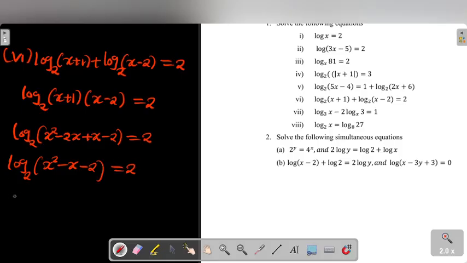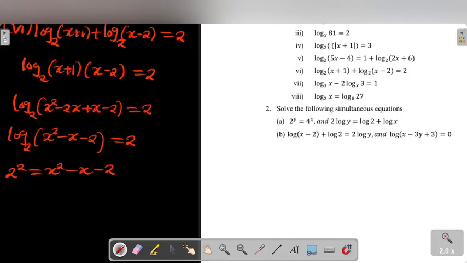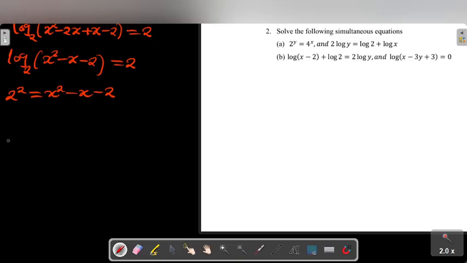Now we can go ahead and change this to an exponential function. It will be 2 to the power 2 equal to x squared minus x minus 2. We just have to simplify this and solve for the value of x. 2 to the power 2 is 4, so 4 equals x squared minus x minus 2.